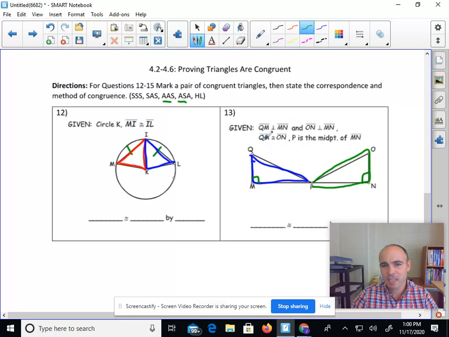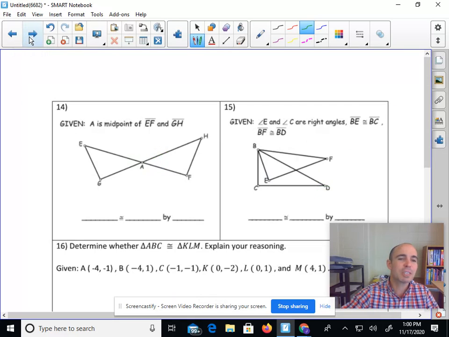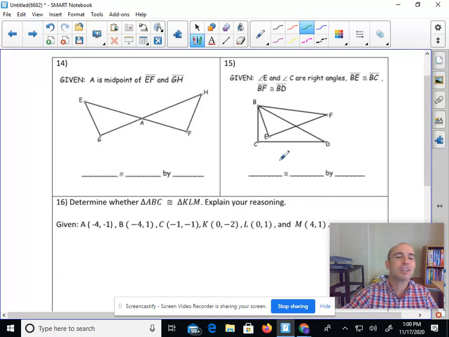They tell us that QM and ON, right? And then they tell us P is the midpoint. What does that mean about these two segments? All right, at this point, I think, again, I've said too much. I guess if you're watching the video, you probably appreciate me saying too much, but I don't think your teachers will. So I got to make you earn it.